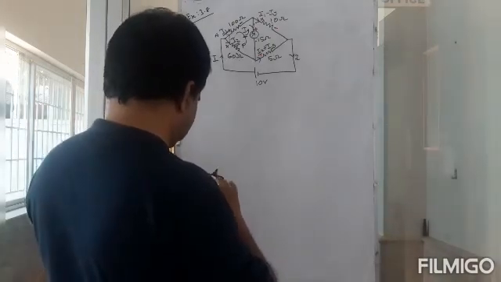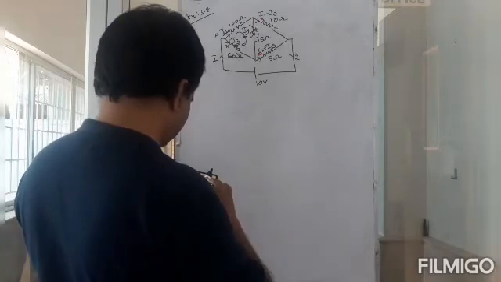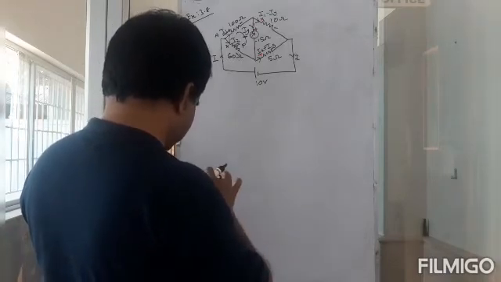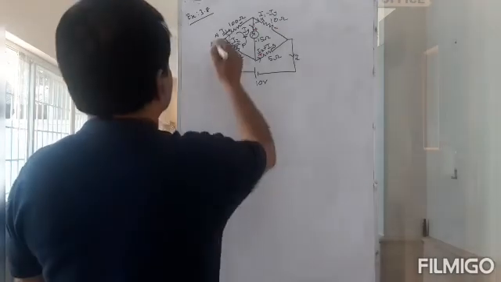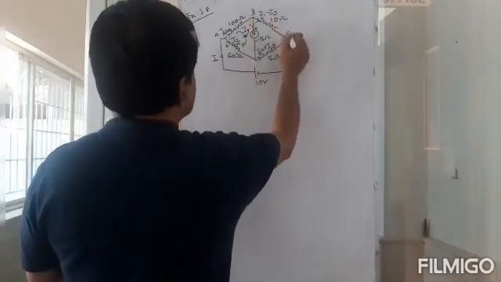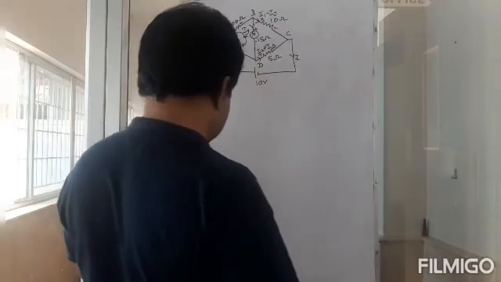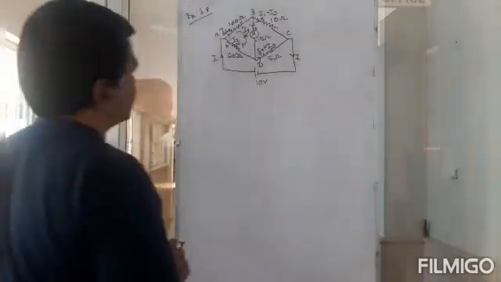I'll go with the labels in the textbook. So this is A, this is B, this is C, and this is D. This is the voltage channel.